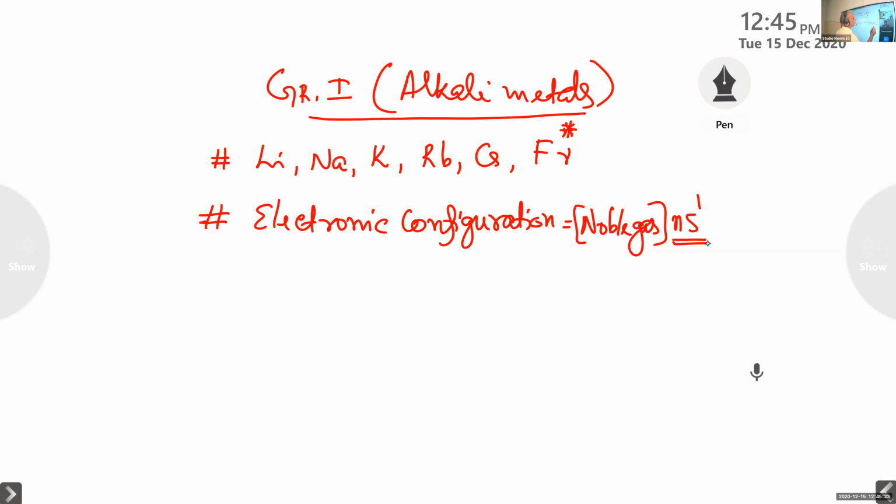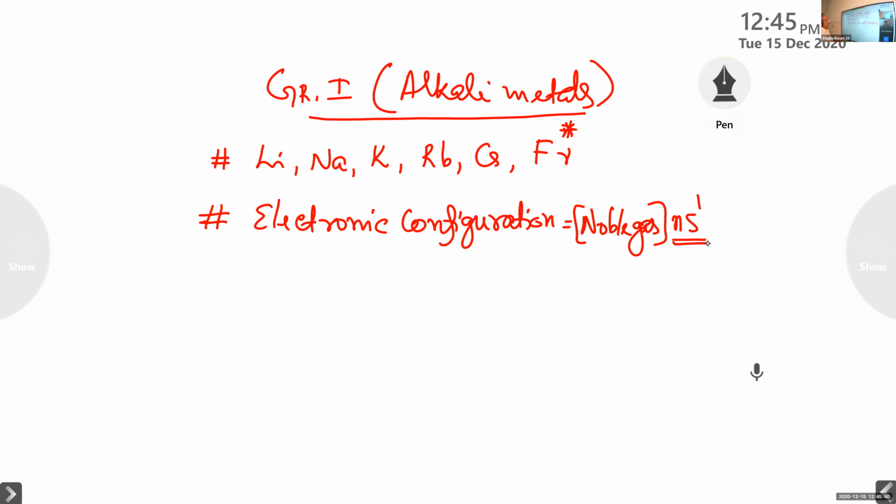There is one electron in the outermost shell. In the valence shell, there is one electron. So the number of valence electrons is equal to 1.